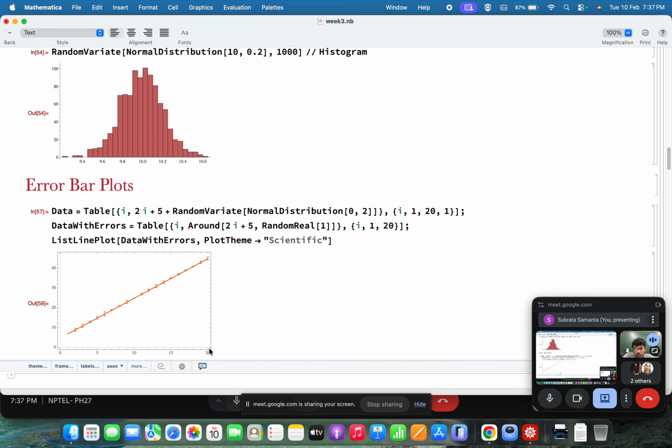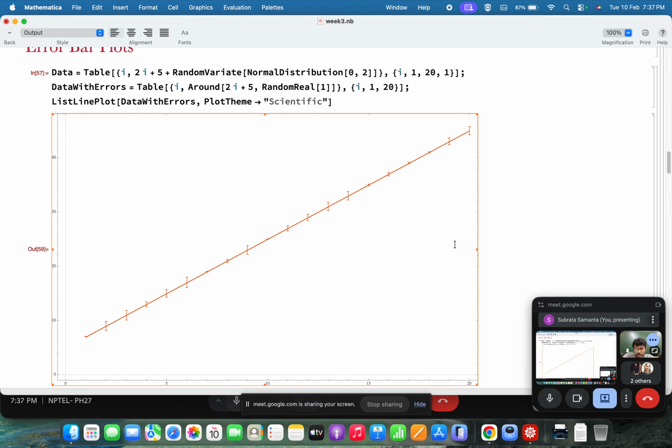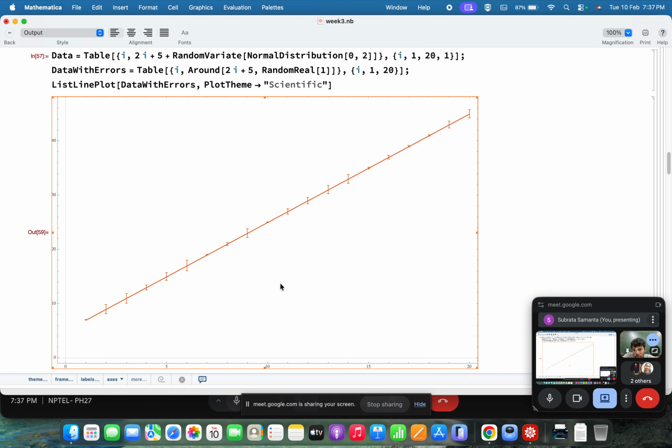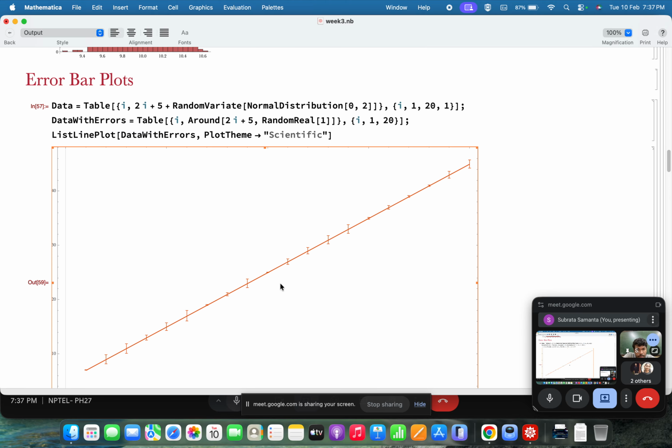If you zoom in, what do you see? You see that the data has errors, right. So I plot the data with errors.